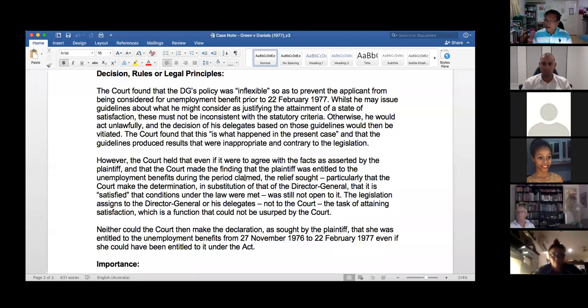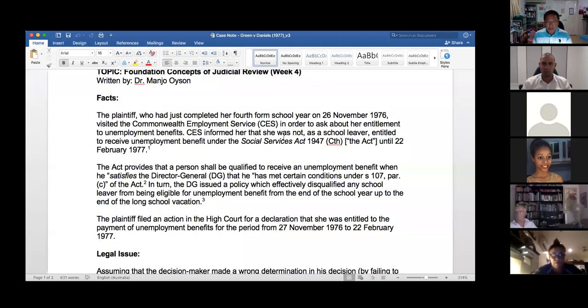these are the facts. You have this in Moodle. It talks about the Social Services Act because that is the act involved. It talks a bit about the provisions, but then it tells you that the Director General issued a policy which effectively disqualified any school leaver. So there's a tension there, which the facts are telling us, that the Director General issued a policy that was contrary to the statute.